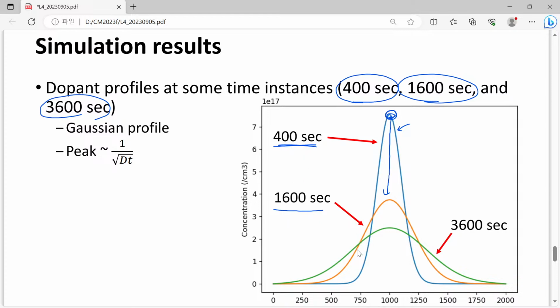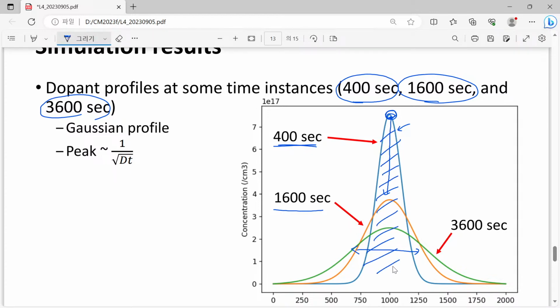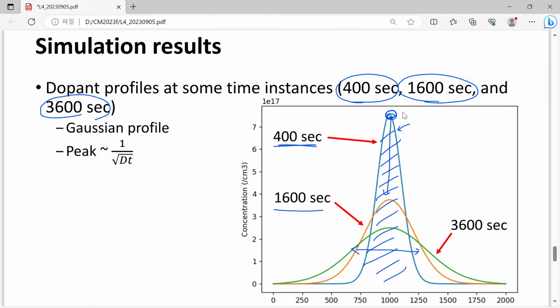Therefore, not only is this span expanded, but this peak is also reduced. Of course, if we integrate the blue curve, orange curve or green curve, the area underneath the curves should be the same. And you can see that at 400, 1600 and 3600 seconds, the peak is reduced.